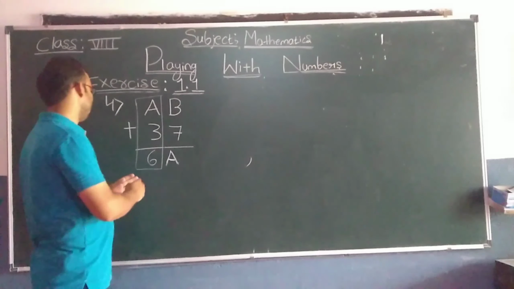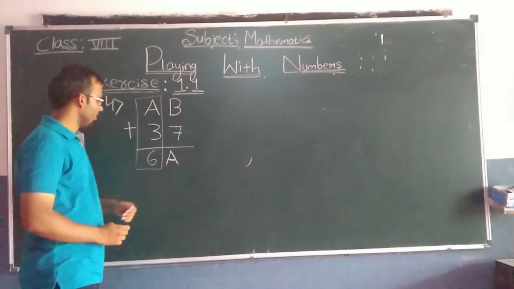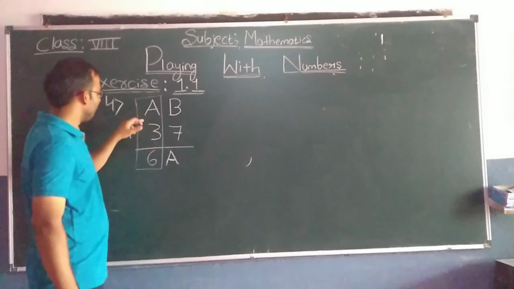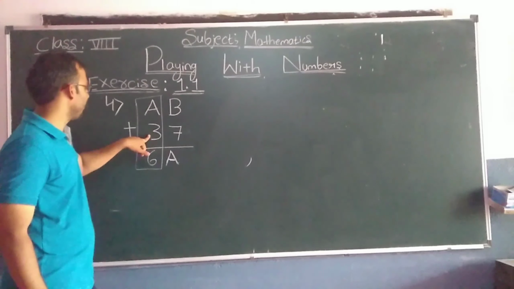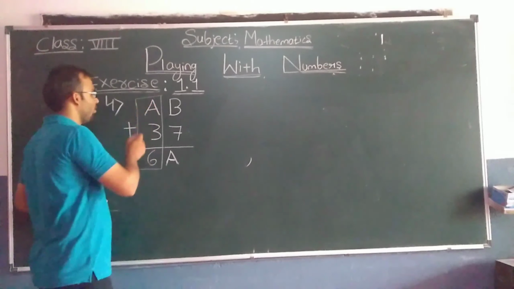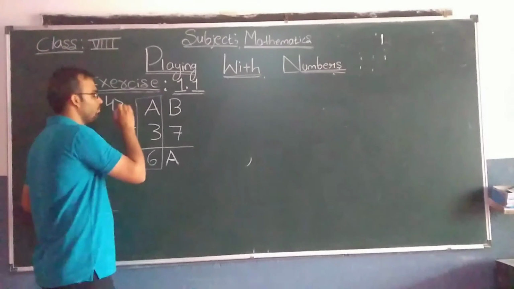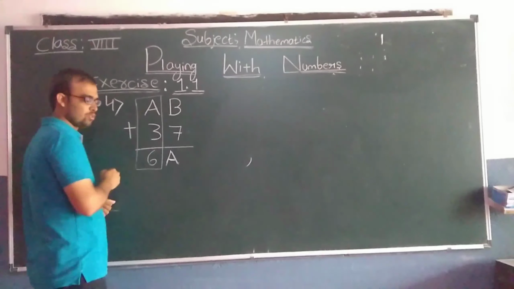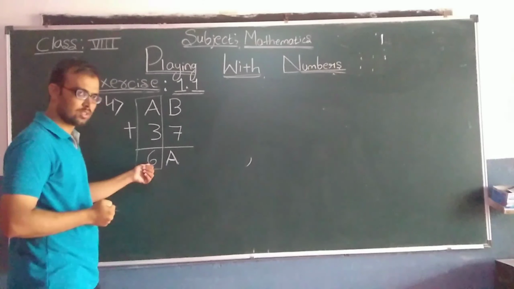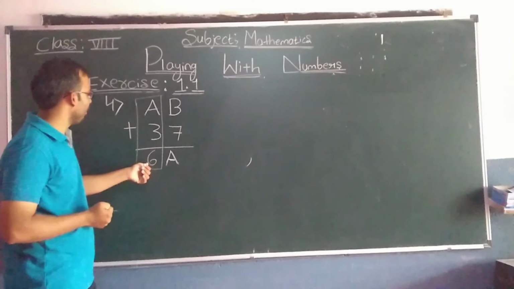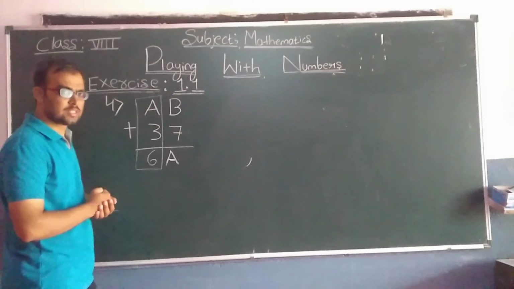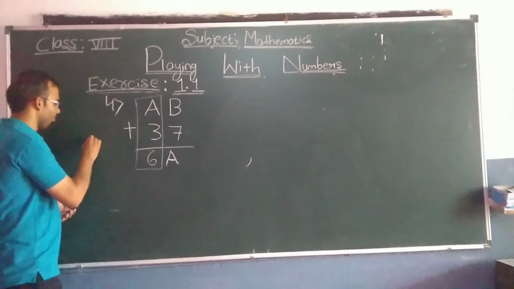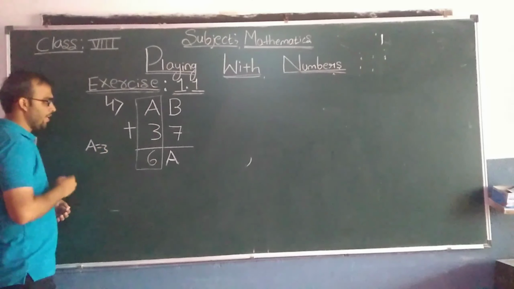Here 6 is there and here 3 is there. So what must be the value of A so that we can get 6 here?